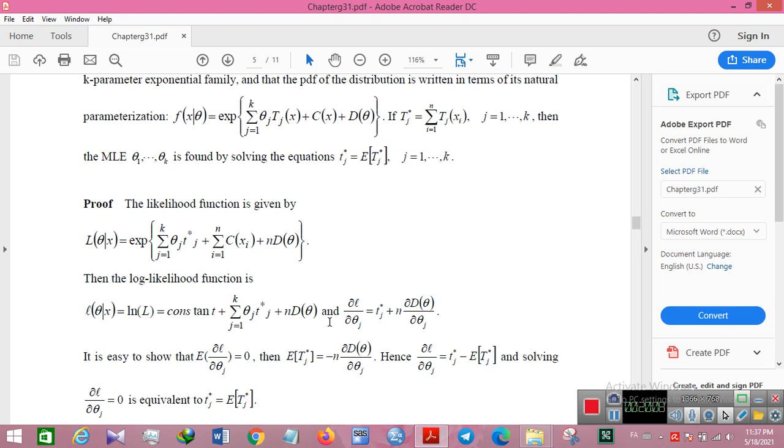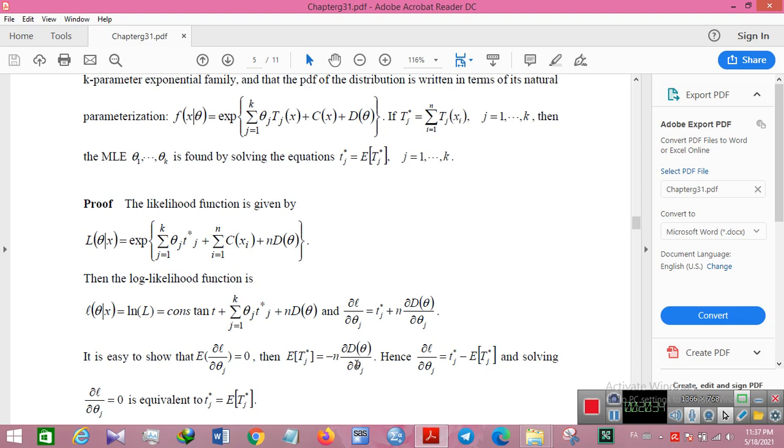If we take the derivative of the log likelihood with respect to theta j, we have this form. We know the expectation of the derivative of the log likelihood with respect to theta j is equal to 0, therefore we have that one.